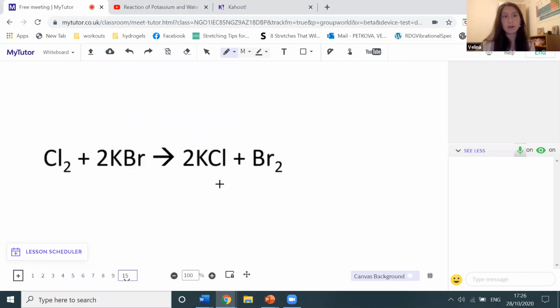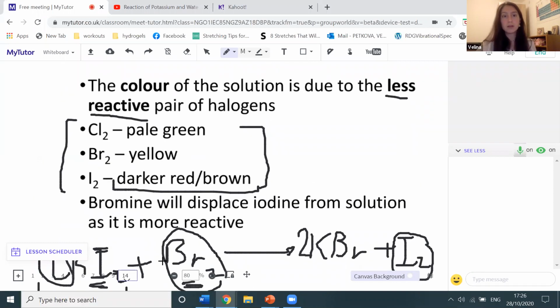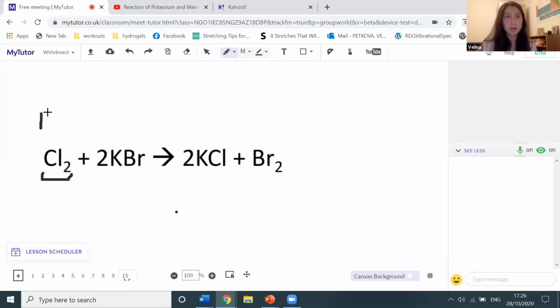So here was our example, like we said. Oh, so this is actually slightly different. So now, what colour are we going to start with firstly? Let's go back to page 14. So we're going to start with a pale green. And what colour would it go to if chlorine is more reactive?